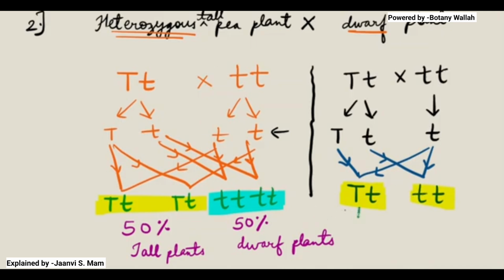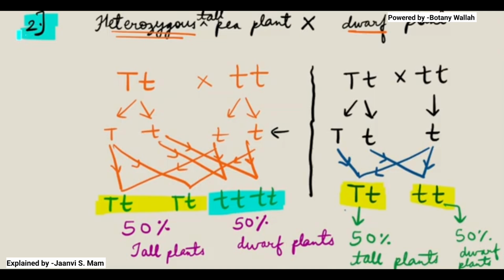So here also you will write the same: 50% tall plants and 50% dwarf plants. So this is about question number 2 which we did here.